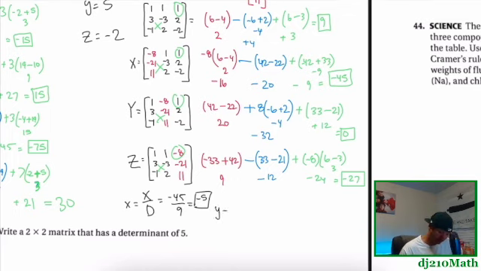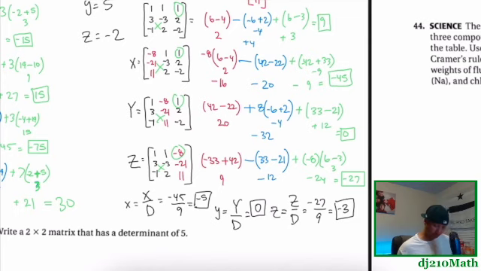Little y is equal to capital Y over D, and that's going to be 0 over anything is 0. Little z is capital Z over capital D, which is negative 27 over 9, which is negative 3. So negative 5, 0, negative 3.